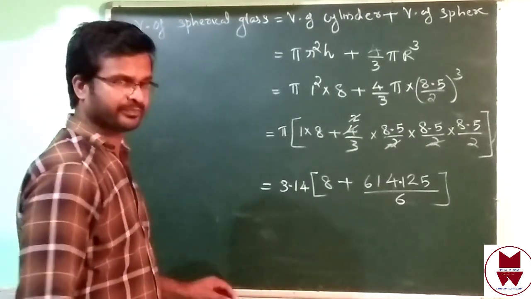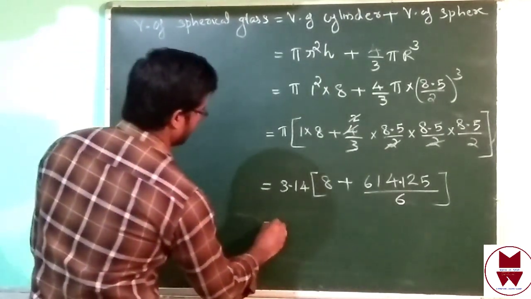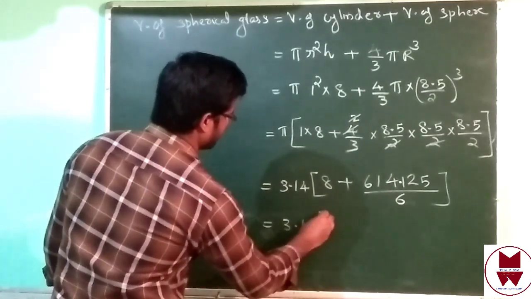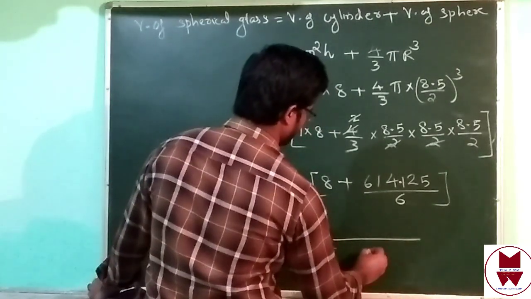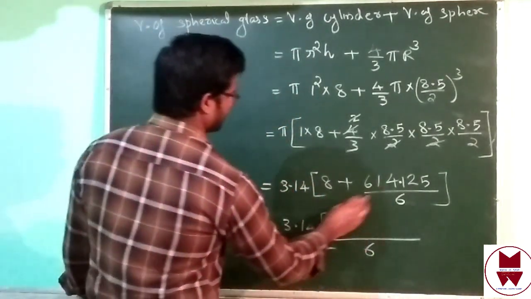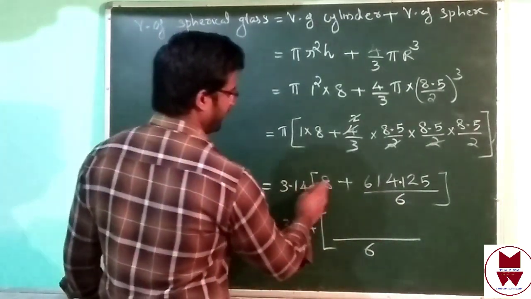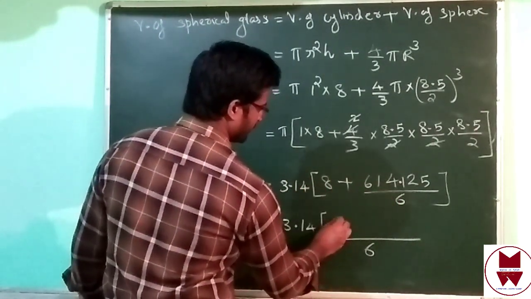Then take LCM. 3.14 into, divided by 6. When you take LCM, 8 into 6, 48.